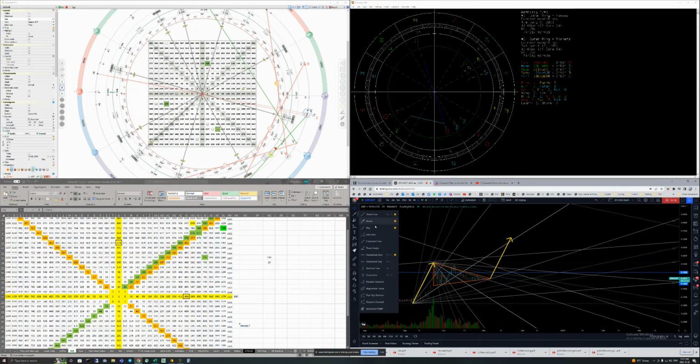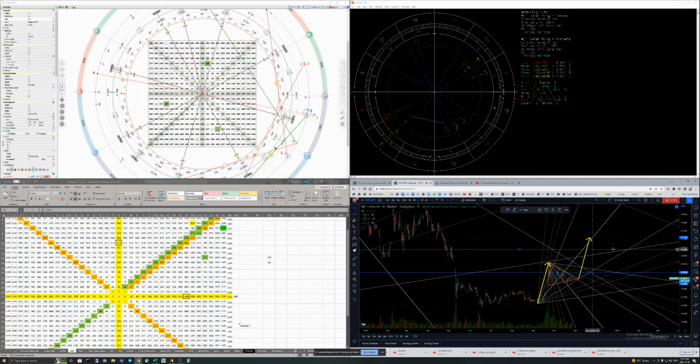I'm going to create a price projection area from there. And then maybe I'm just looking at this crosshatch here. We've got a few. Actually, I'm going to move it up to about there. Okay, so now we got a price projection.